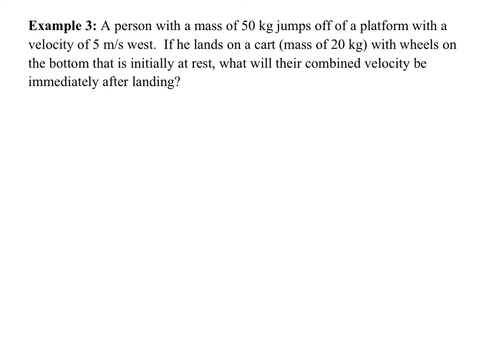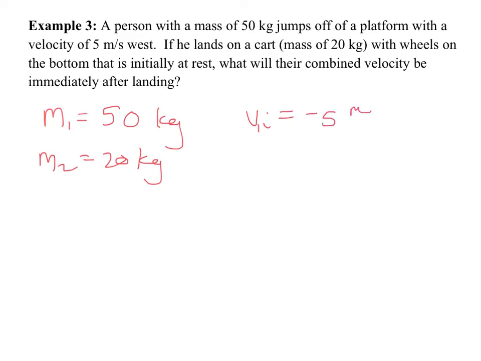So let's go ahead and list what we know. My mass running is 50 kilograms. The mass of the cart was 20 kilograms. My initial velocity, notice I ran this way, it was west, right? So V1I is negative 5 meters per second. V2I is the cart, it's not moving, so I'm good there.